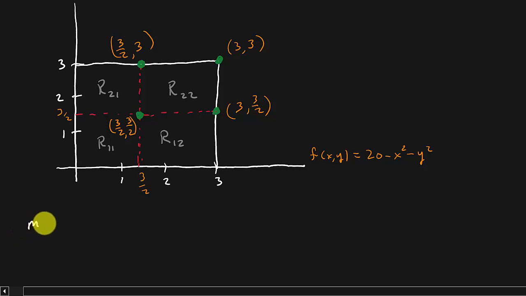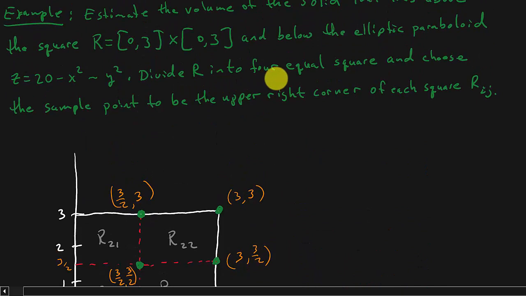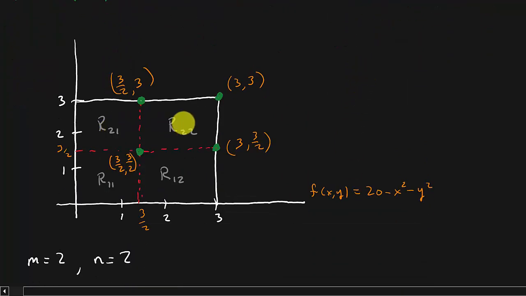So I know I've got m equal to 2, n equal to 2, right? I'm dividing it into 4 equal rectangles. I'm breaking this in half and breaking this in half this way. So m is 2, n is 2.